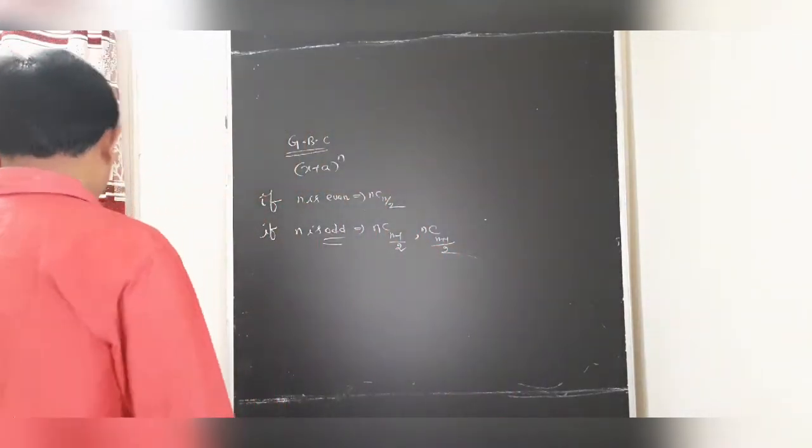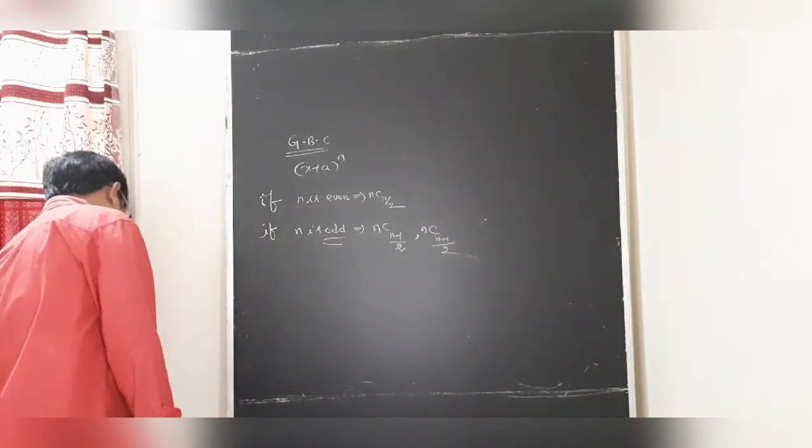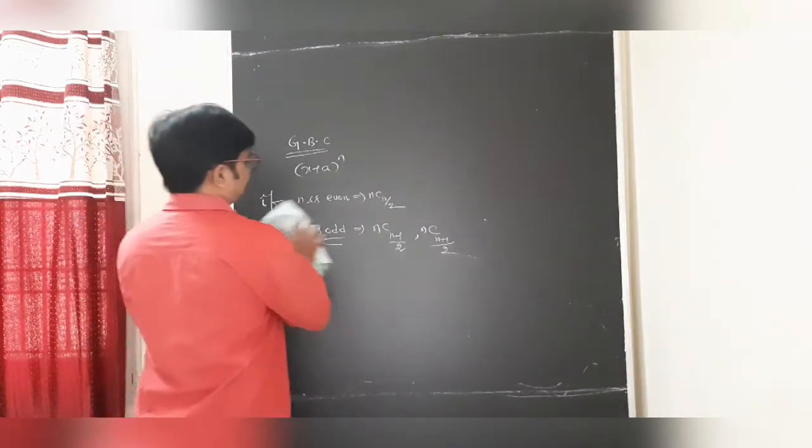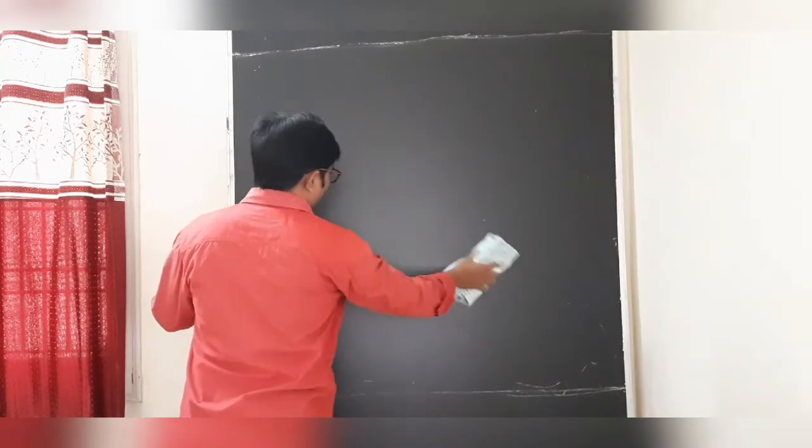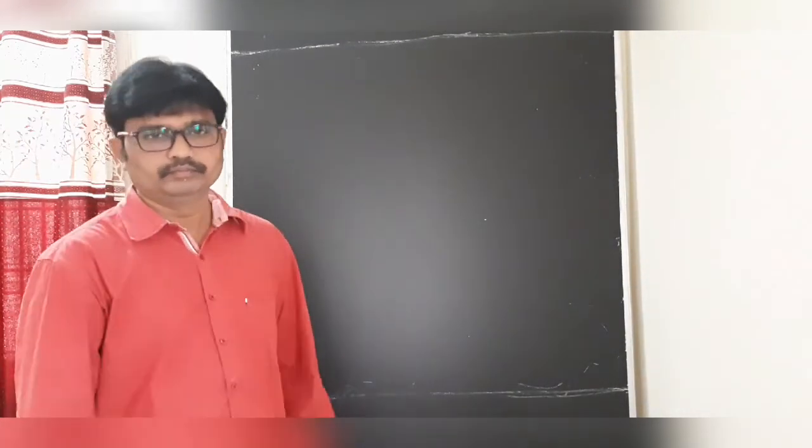So right now, students, we are going to discuss the number of terms. My dear students, suppose a trinomial is there. Binomial, trinomial, quadrinomial: a quadrinomial means a polynomial having 4 terms, and one with 5 terms, and so on.